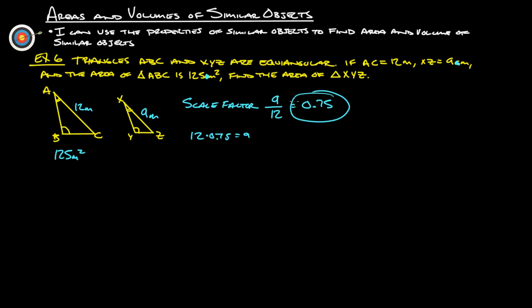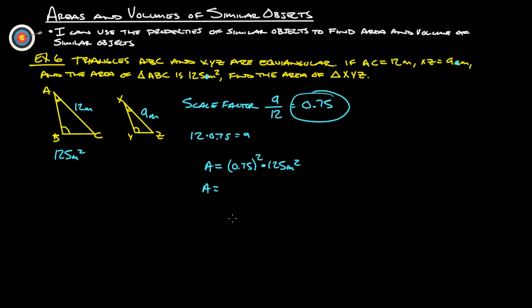With that, we know our scale factor is 0.75. Now we have to figure out the area of this. In our formula, the new area is going to be the scale factor squared, and our scale factor in this case is 0.75 squared times the original, which is 125 meters squared.